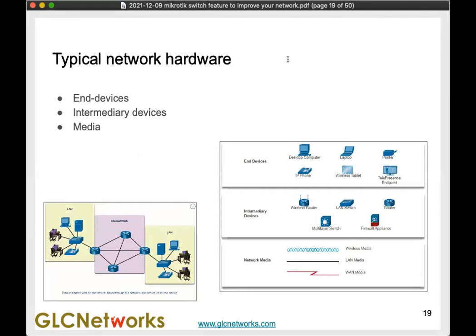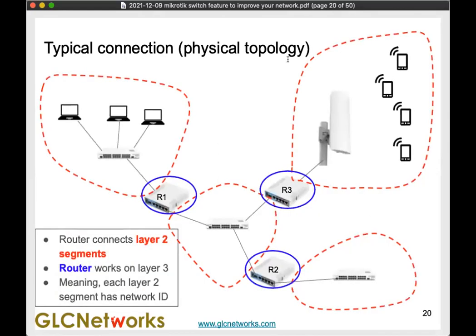The intermediary devices will forward the signal and send it to the others. That's the big difference between an end device and an intermediary device. Then we set up our physical topology. This one connects to that one physically. With the physical topology, we know that this port connects to that port, and so on and so forth.